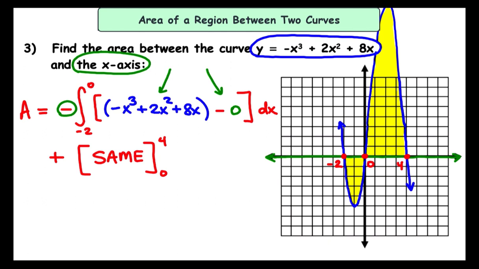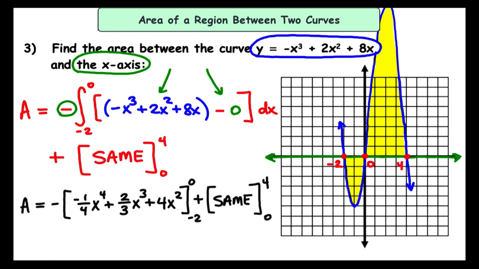When you work this out, you're going to integrate, and it's going to become -1/4 x to the 4th plus 2/3 x to the 3rd plus 4x squared. All right, if you put the 0 and the -2 into the first one, obviously the 0 will give you 0. The -2 will give you 20/3.